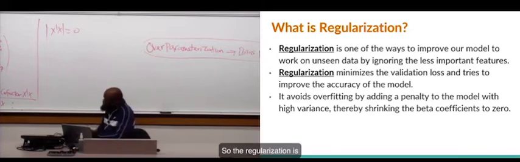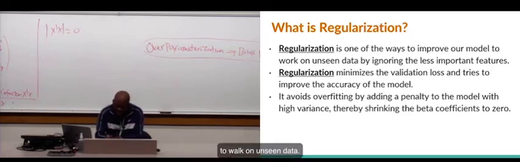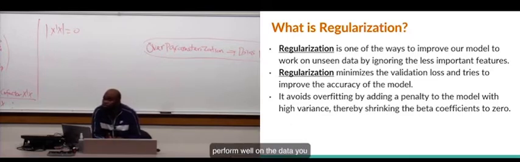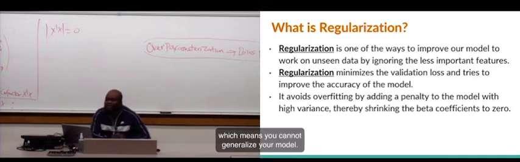So regularization is one of the ways to improve our model to work on unseen data. Let me tell you something. Your model could perform well on the data you see, but may not perform well on unseen data, which means you cannot generalize.